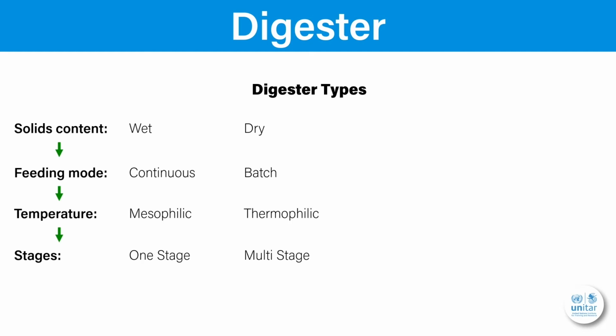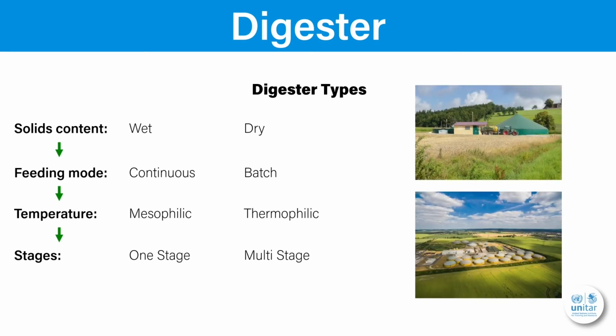The digestate from the first stage digester serves as feedstock for the second digester. In the image above, we can see a one-stage digester at a farm, and at the bottom a larger biogas installation, with a multi-stage system. Sometimes multi-stage systems are operated at various temperatures. The first digester can be thermophilic, and the second digester mesophilic.